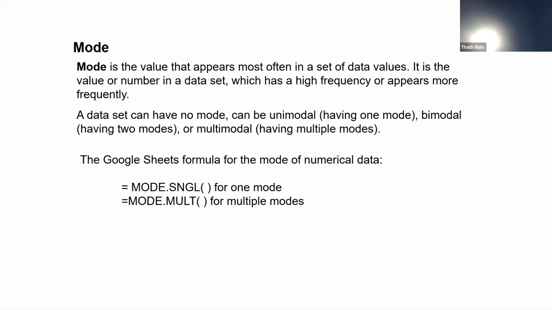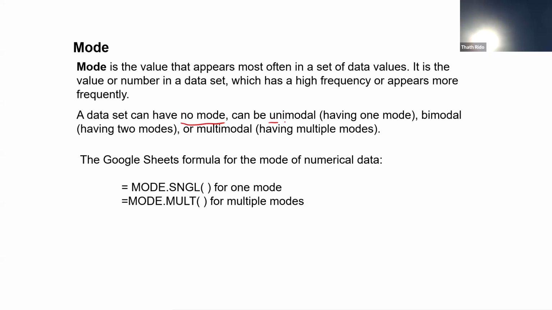A data set can have no mode. No mode means that every data value has the same frequency. Like every number is unique, no two or three numbers are the same.